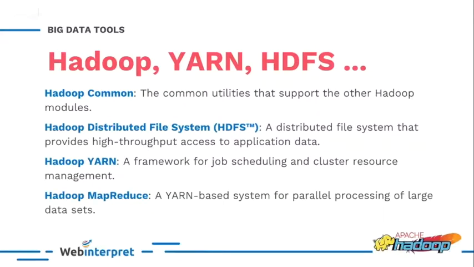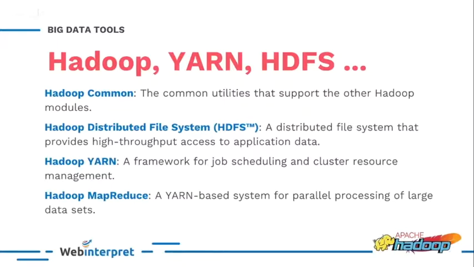It consists of a few parts. I'm speaking about that because Spark is built on top of some of them, not all, or is sharing the same concepts. So Hadoop comes with the common part, like the common utilities that support all other modules. The really important Hadoop Distributed File System, where you can put the data.